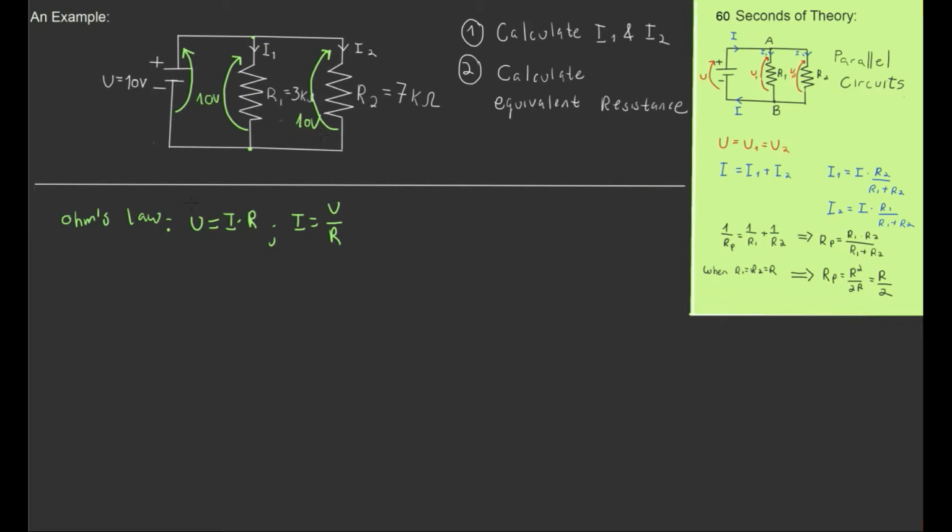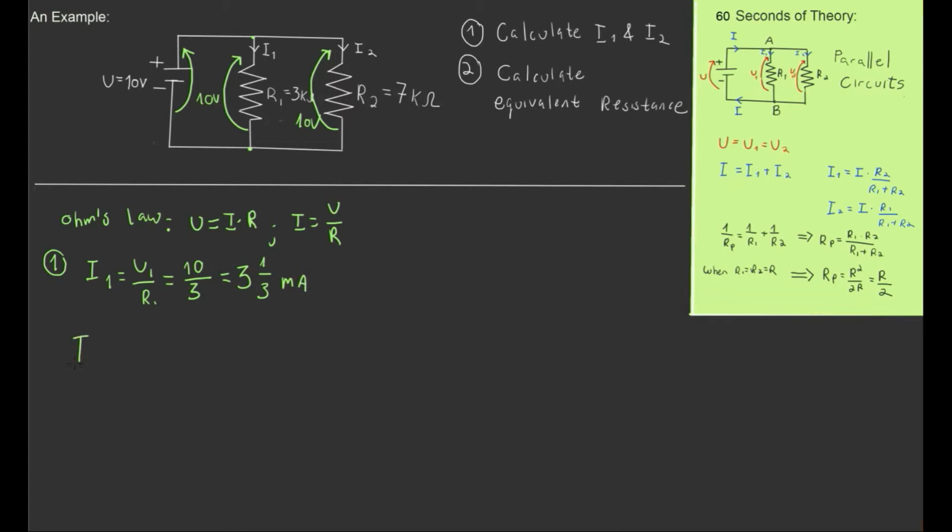So now calculating the current within the two branches becomes simple, because we have both the voltage and the resistance within each branch, and therefore I1 is U1 divided by R1, and U1, as we said, is 10 volts, R1 is 3 kilo ohms, and therefore the current within this branch I1 is 3 1/3, and it's milliamps because it's volts and kilo ohms.